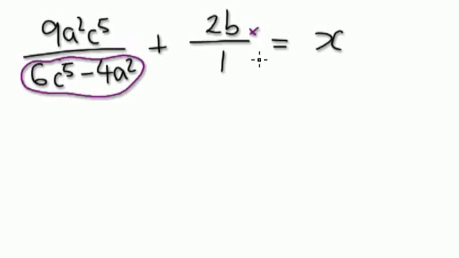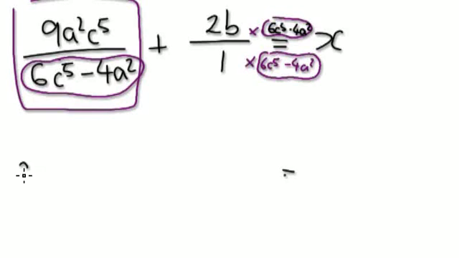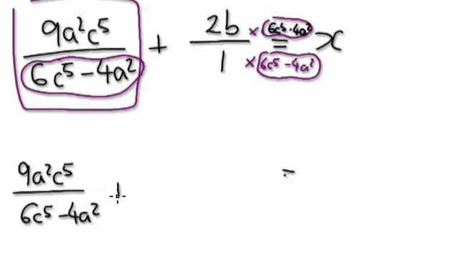So here times top and bottom by 6c to the power 5 minus 4a squared, and remember, all this exists in a bubble. This fraction here stays the same: 9a squared c to the power 5 over 6c to the power 5 minus 4a squared.